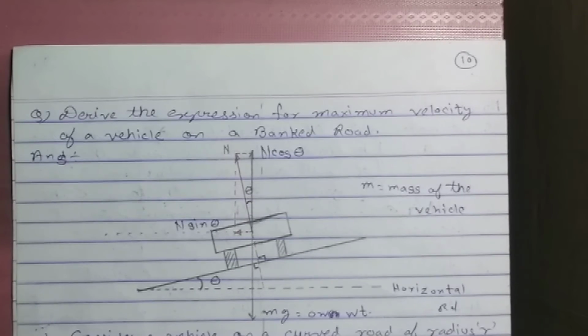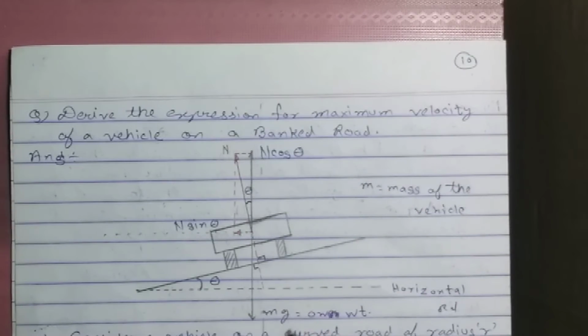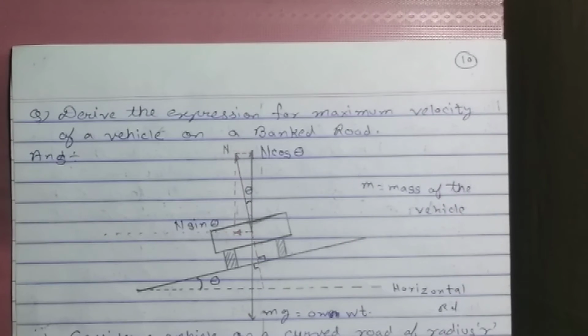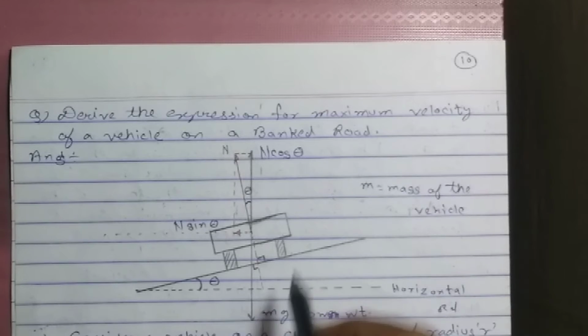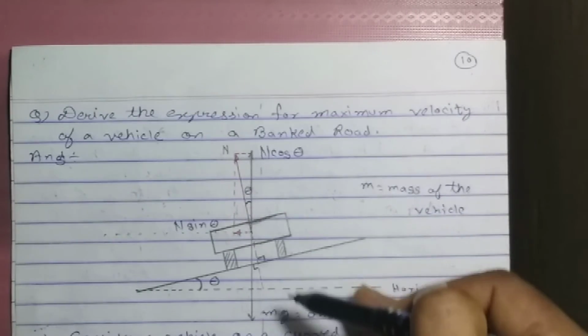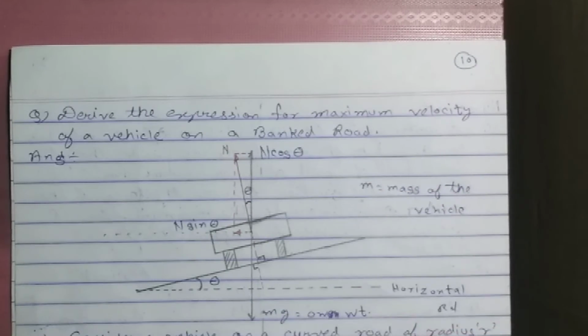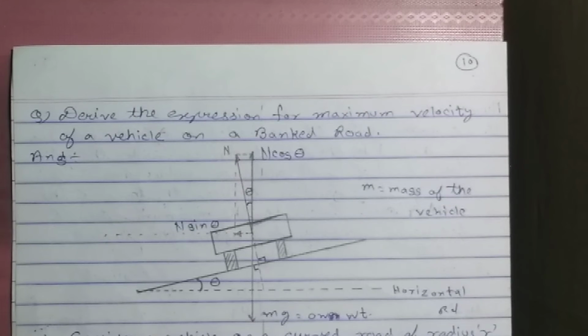So N cos theta is balanced by its own weight, so we can equate N cos theta equals mg.